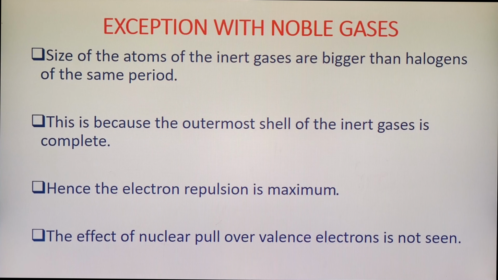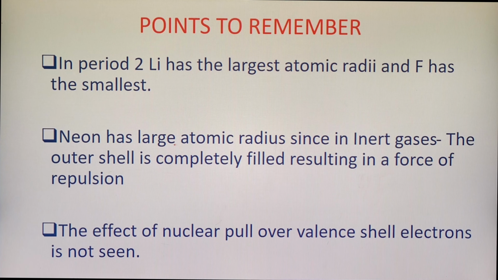Neon has a comparatively larger atomic size because neon is a noble gas, and because its outermost shell is complete, instead of nuclear attraction, the effect will be repulsion. So in noble gases, the effect of nuclear pull or nuclear attraction will not be seen.